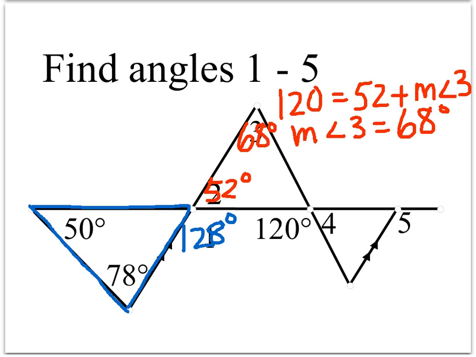Now, angle 4 is a linear pair with the 120 degree angle, so they should add to 180. So angle 4 is 60 degrees.